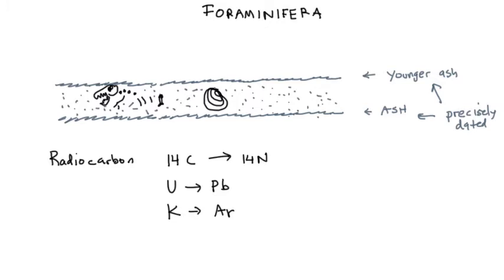Sometimes we don't have layers of volcanic ash to give us reliable ages. But if we find forams and other microfossils together with an otherwise unageable fossil, and if we know the ages of those same forams from other locales where we do have volcanic ash layers to age them, that's all we need. We can presume that our unageable fossil is the same age as those forams.